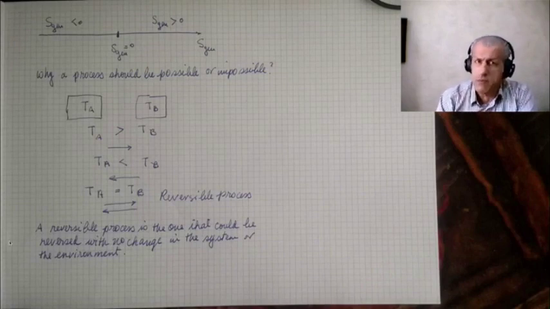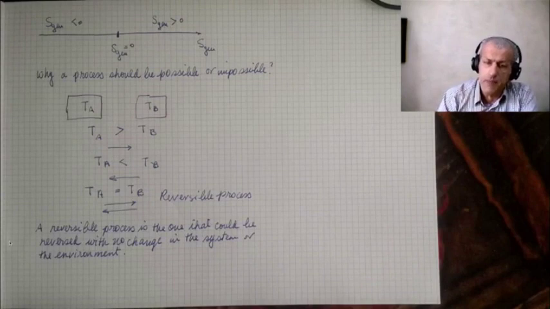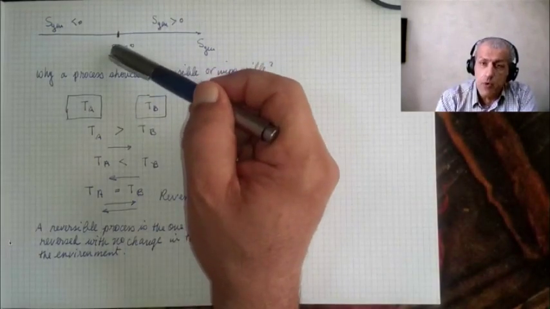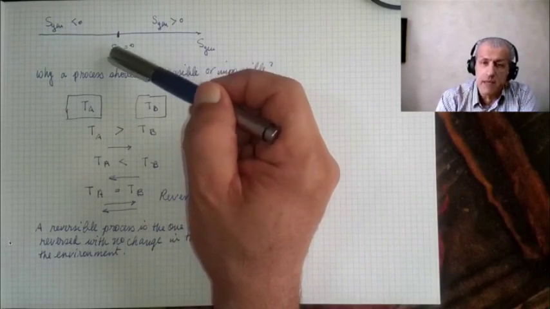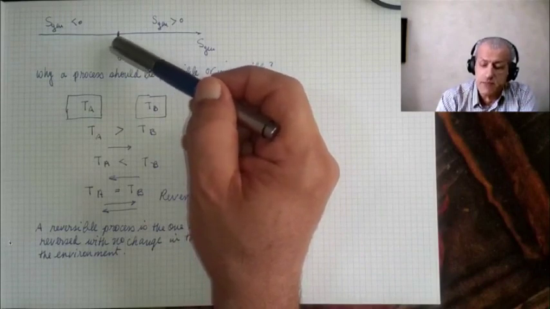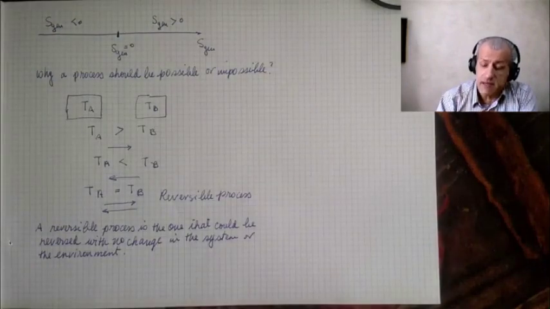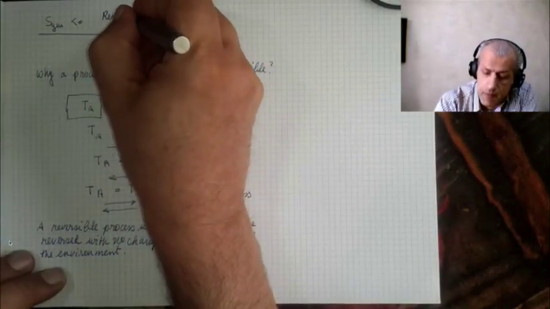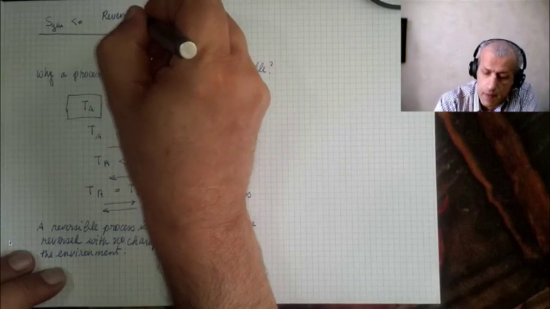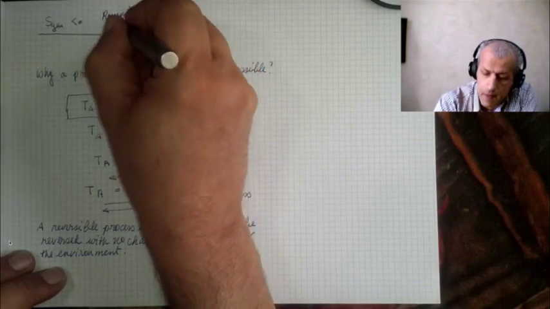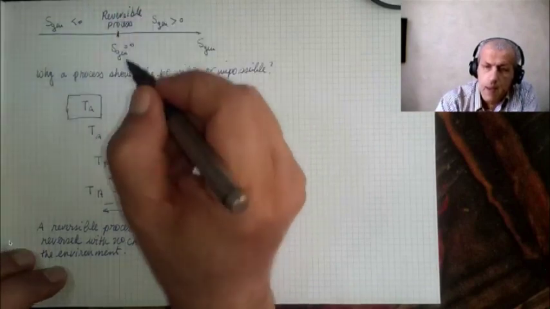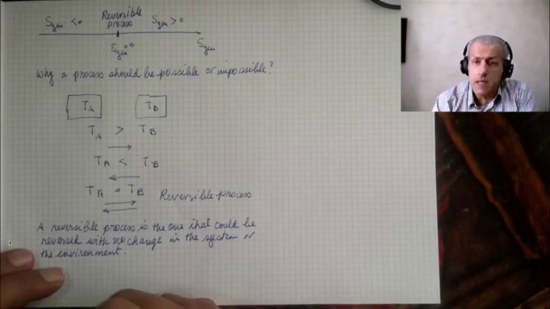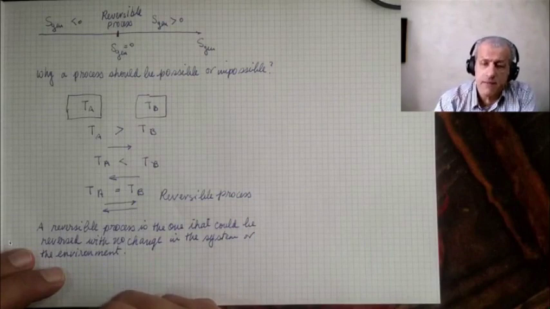I will tell you a bit later on about that. But this is the borderline between possible and impossible processes. This is the reversible process, and it is almost always impossible itself.